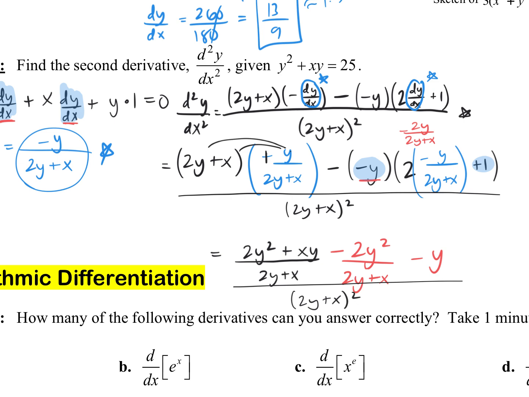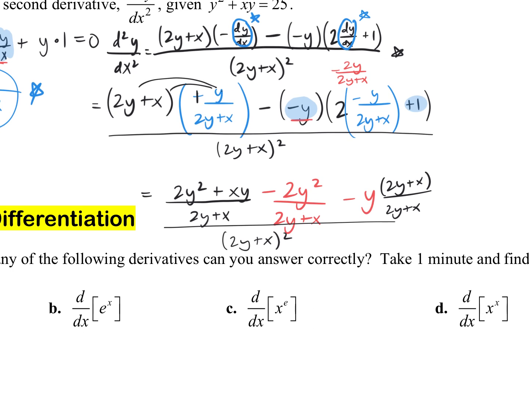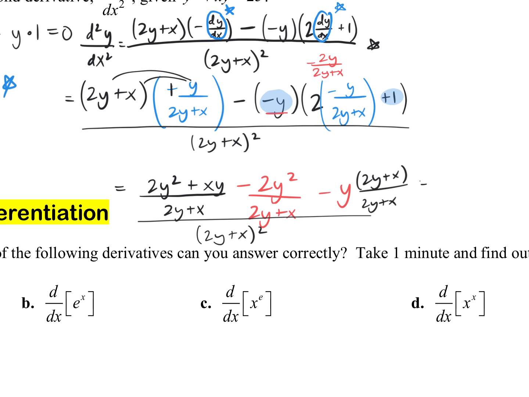Okay, so yes, we need to make this a common denominator here. So I'm going to multiply this by 2y plus x over 2y plus x. So this would give me over here negative 2y squared minus xy. And now things can start to simplify, right? So instead of this one, I now have this over 2y plus x.